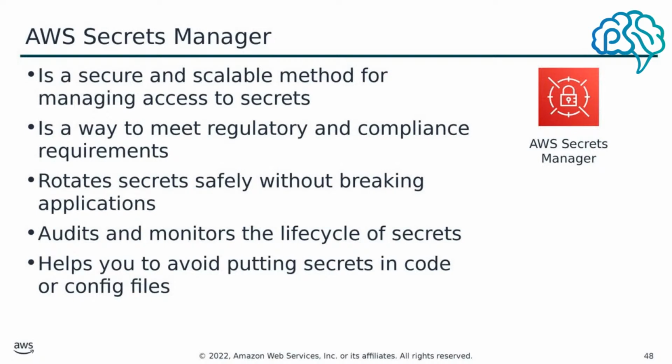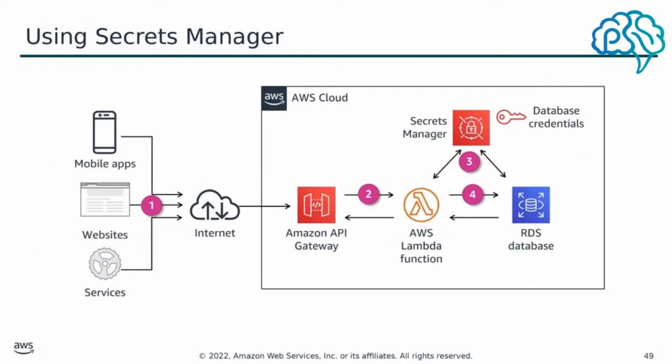So this is really a cool service here that helps you increase security. And in terms of Secrets Manager as well, the clients would be able to call a RESTful API hosted on API Gateway. You could also have API Gateway run a Lambda function, and you could actually retrieve those secrets. So this is a really cool service to be aware of.